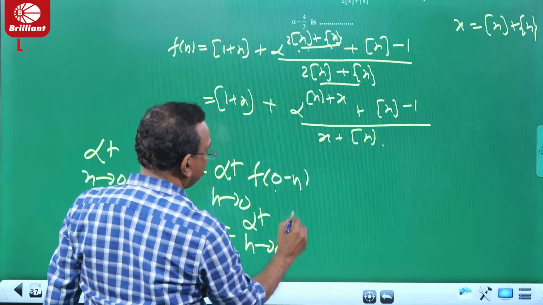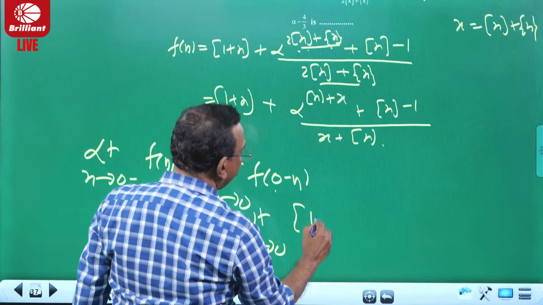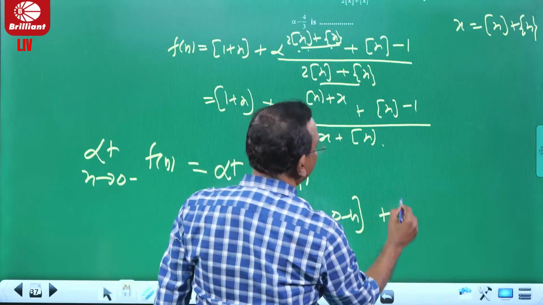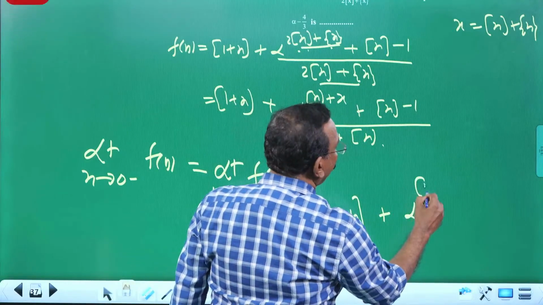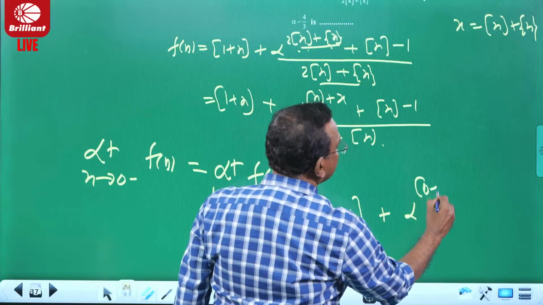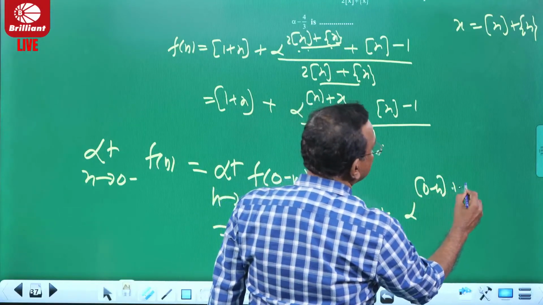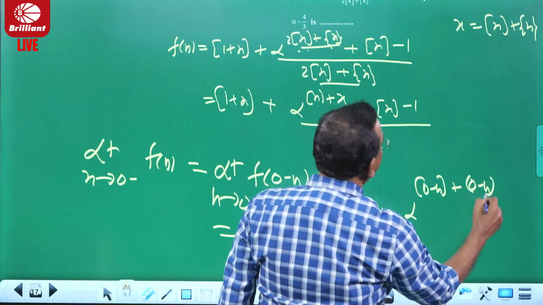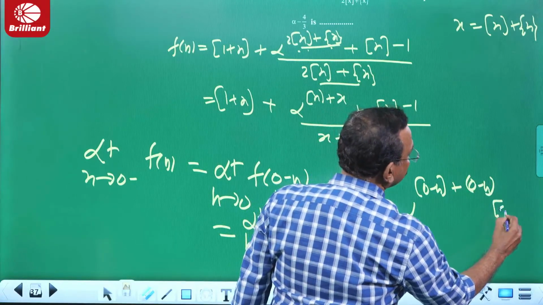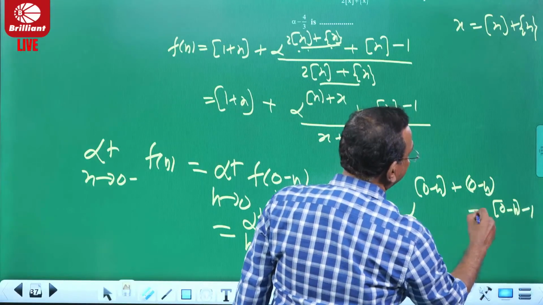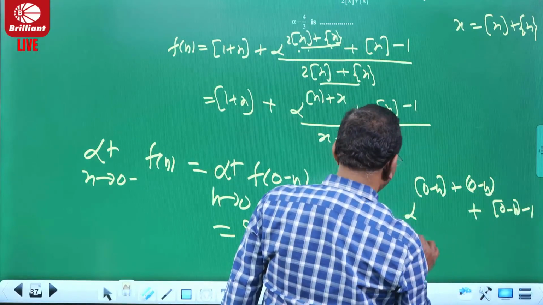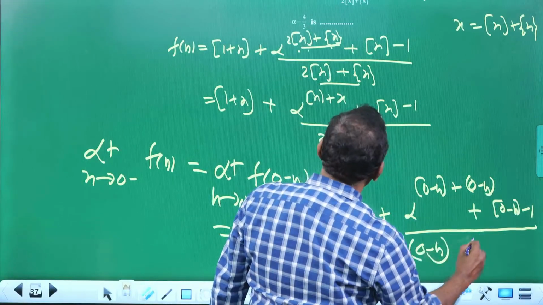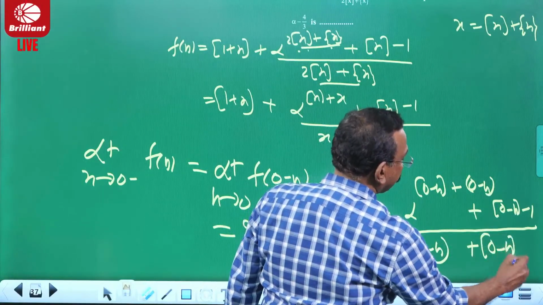That equals 1 plus the greatest integer of (1 plus 0 minus h), plus alpha raised to the greatest integer of (0 minus h), plus 0 minus h plus the greatest integer of (0 minus h) minus 1, all divided by 0 minus h plus the greatest integer of (0 minus h).